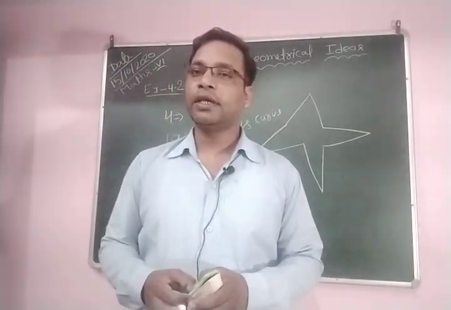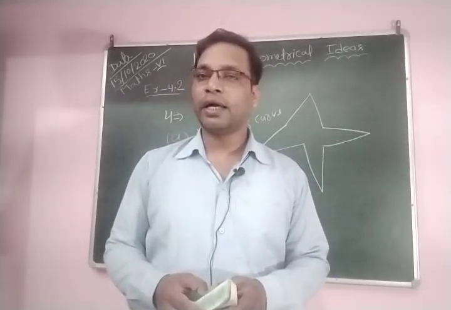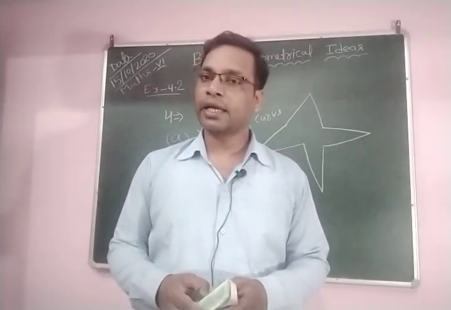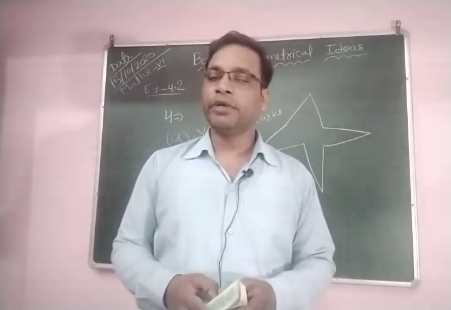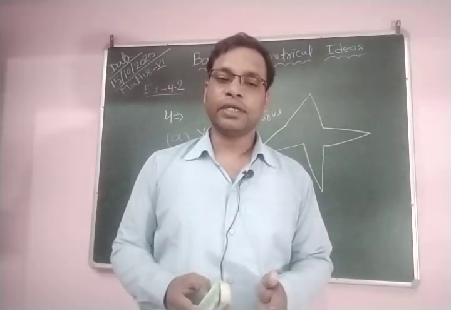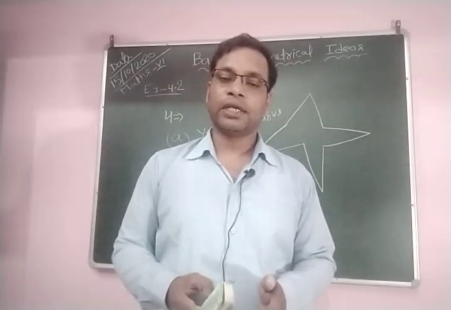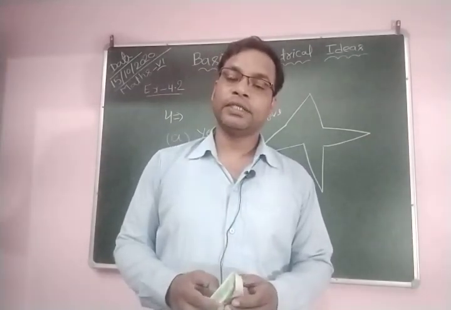So for this you need to know what a polygon is. I have explained again and again what a polygon is. A simple closed curve made by line segments is called a polygon. So the question asks us to draw a closed curve that is not a polygon.